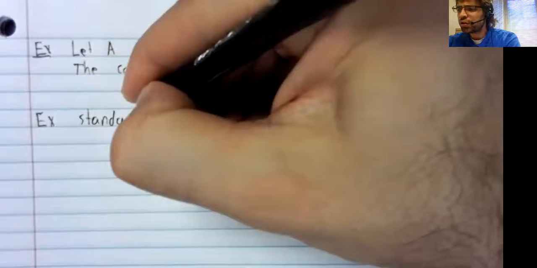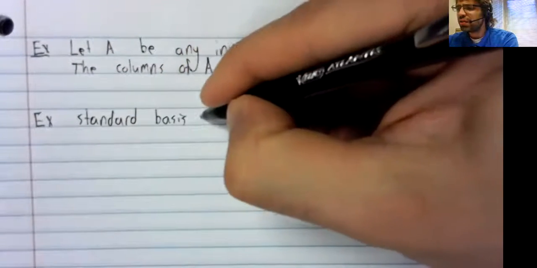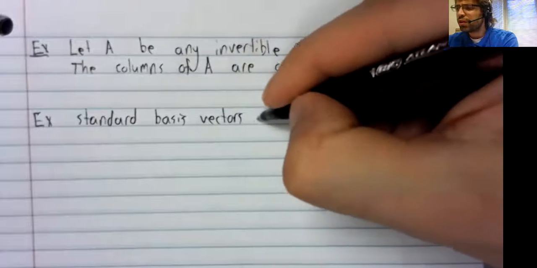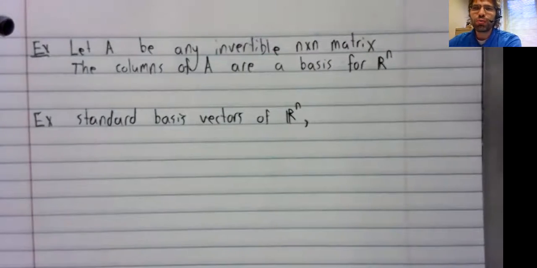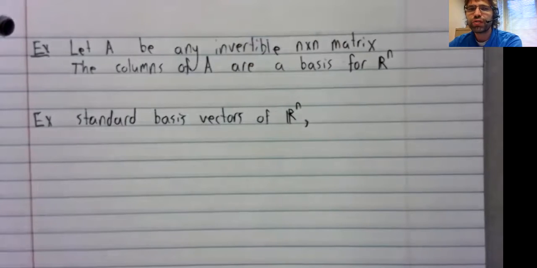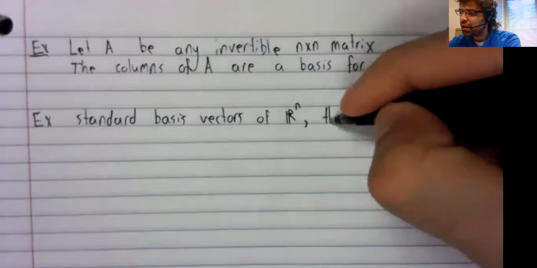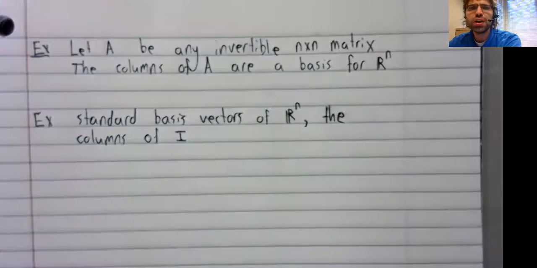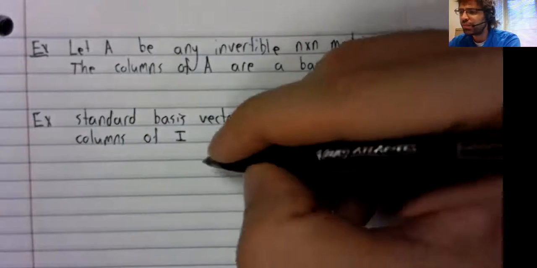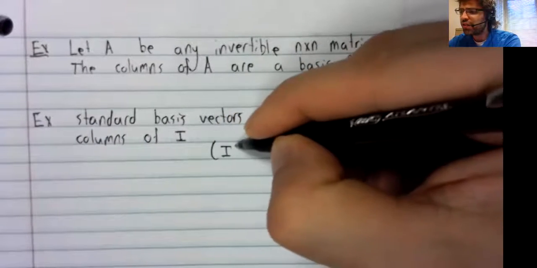In particular, the standard basis vectors of Rn, which we defined before we ever defined a basis when we were talking about linear transformations, are the columns of the identity matrix I. I is invertible.